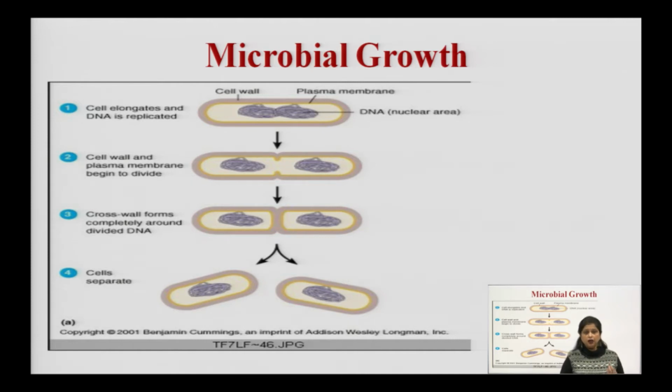How does growth take place in the starting? Suppose we have inoculated only one bacterium within the nutrient media, as you can see in this slide. This is the one bacterium. What will happen when we have inoculated it?